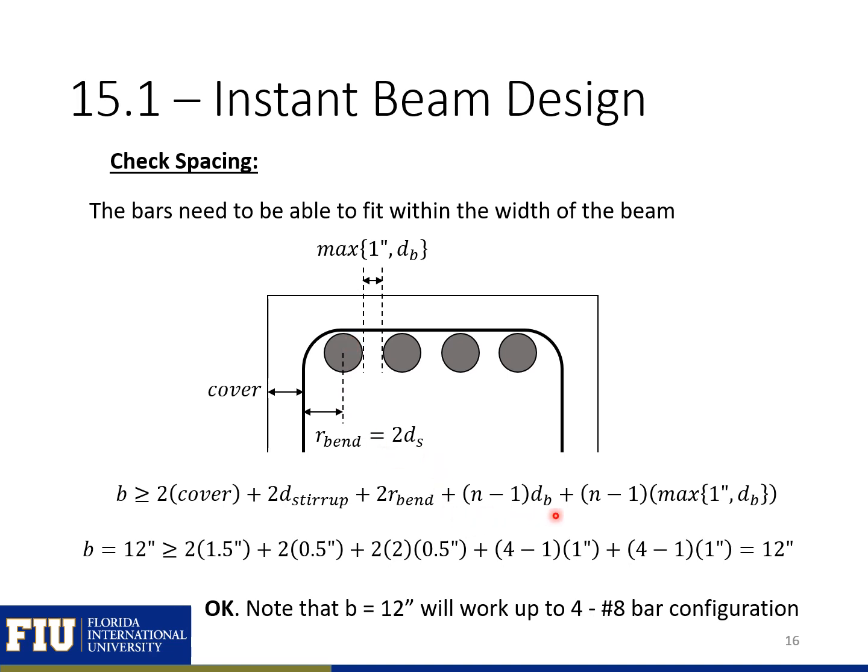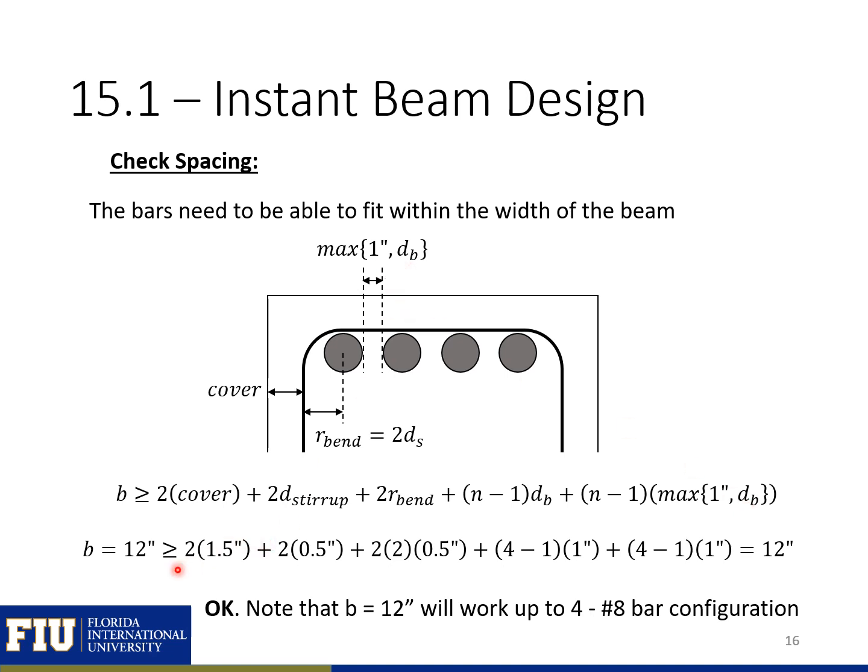n minus 1 db. So that's the total number of bars that we have, 1, 2, 3, 4, minus 1 diameter of the bar because we're taking into account that through our bend radius. And then finally, the number of spaces that we have times the spacing between the bars, where our space here is the maximum of 1 inch and our bar diameter.